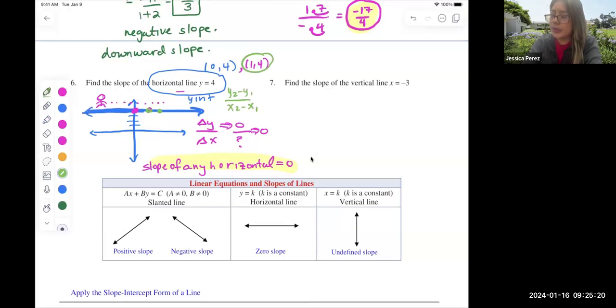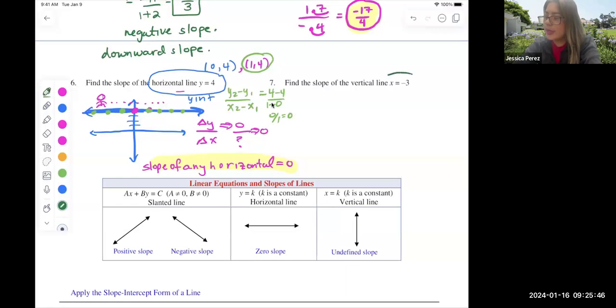Because it's a horizontal line. So my y value will always be 4, but my x can be anything. I selected 0, 4 and 1, 4. I find the slope between those points and I get 4 minus 4 over 1 minus 0. So 0 over 1 is 0. So my slope is 0. I just proved that.